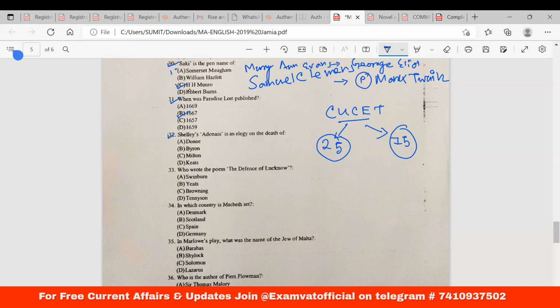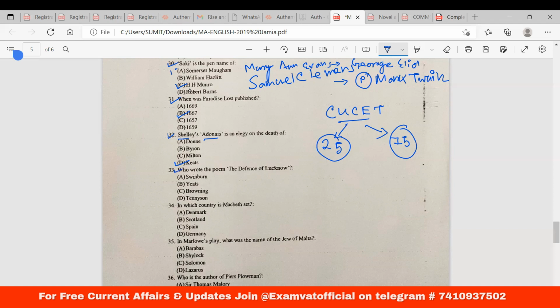The third question: Shelley's Adonais is an elegy on the death of whom? Keats. Please remember, this is the elegy that you have to read. Among the poems written by Shelley, this is the only elegy, or the important one.